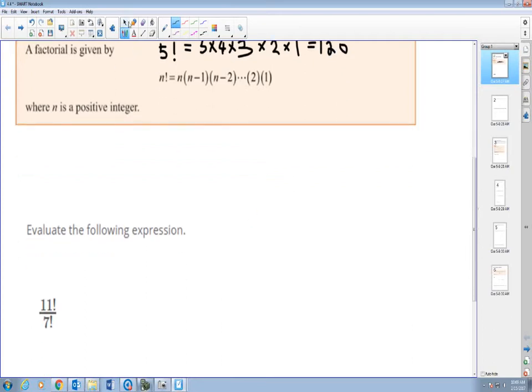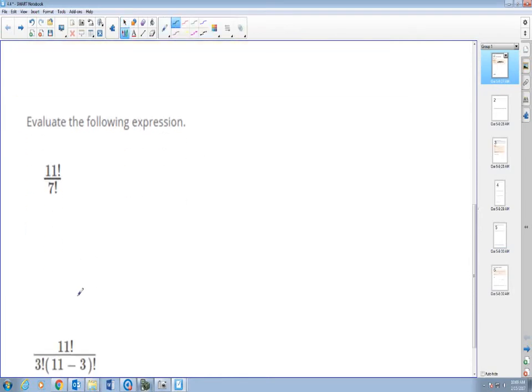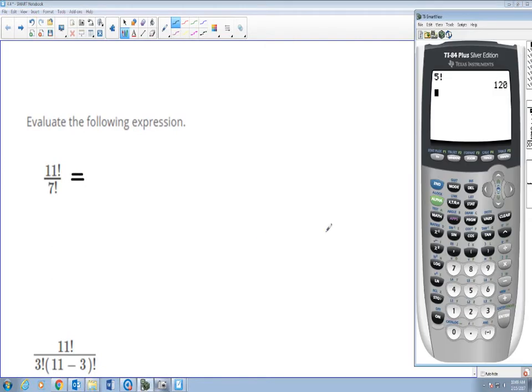Evaluate the following expression, 11 factorial over 7 factorial. I'm just going to do this in the calculator. I don't want to type out all this stuff. There's a way to type this in where our answer is correct. I want the calculator to figure out the 11 factorial first, then the 7 factorial, before we divide them.